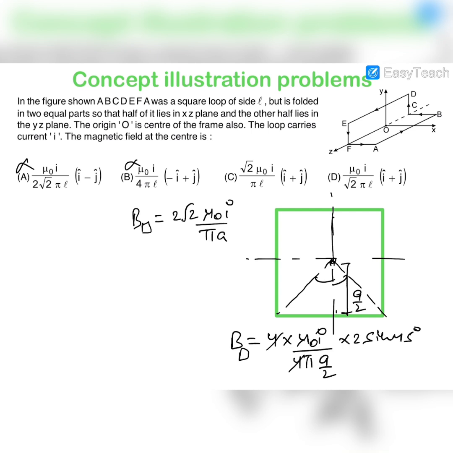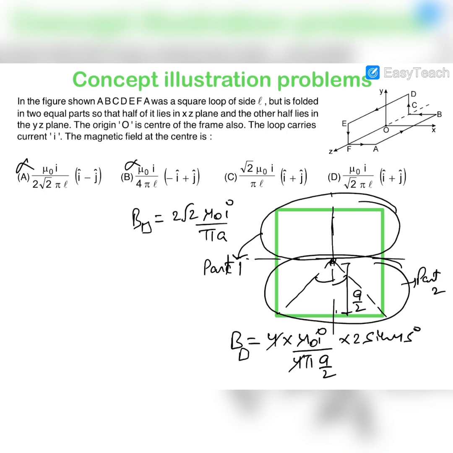Okay, now if we just draw the half part, or analyze this half part only, let us name it part 1 or rectangle 1, and this part as part 2.